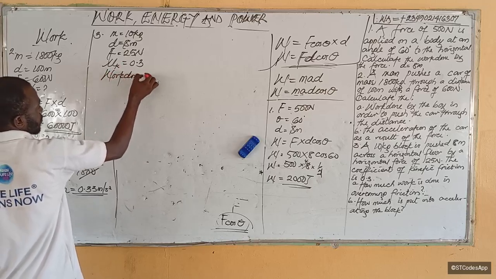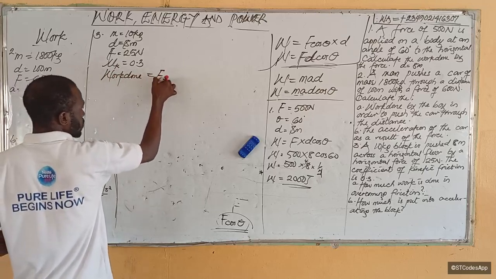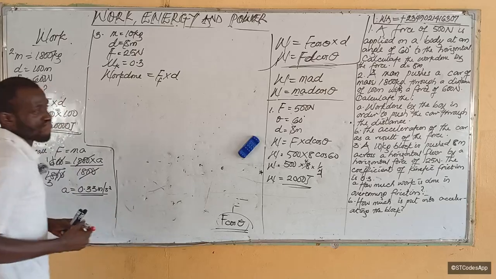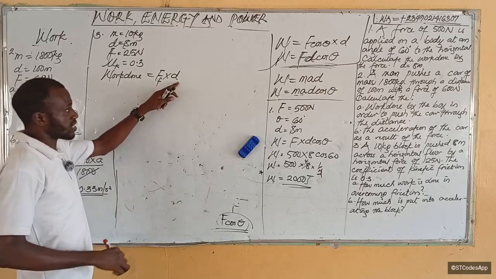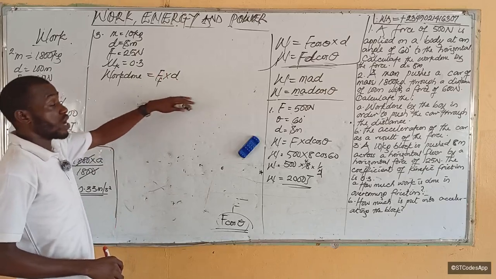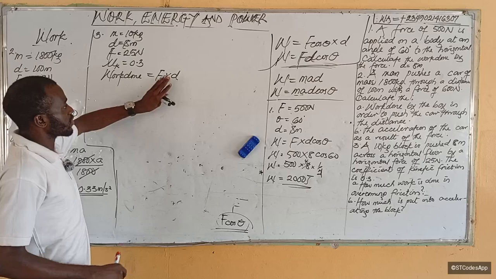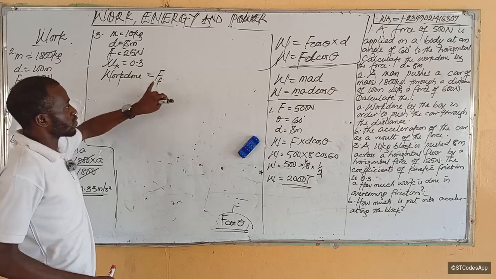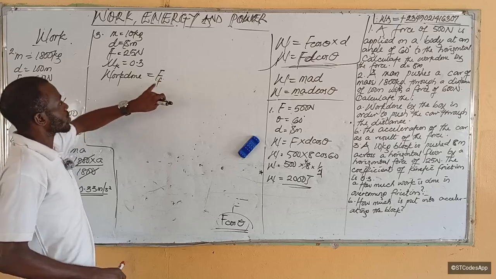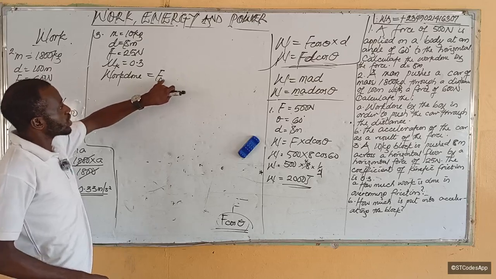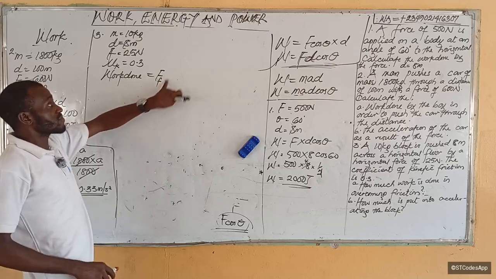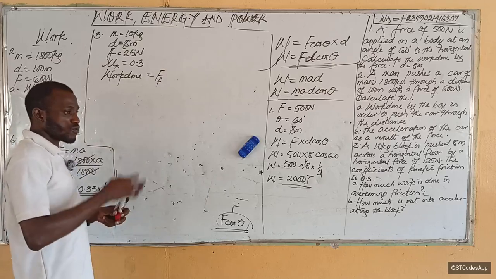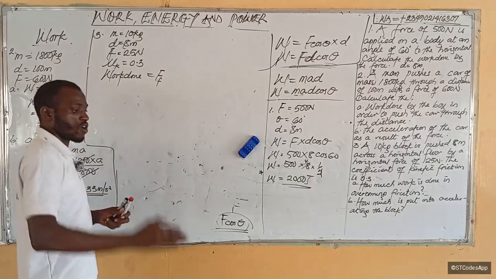The work done in overcoming friction will be the frictional force times the distance. That is the magnitude of the frictional force times the distance. This frictional force, F sub F, is the amount of force we need to just overcome friction.